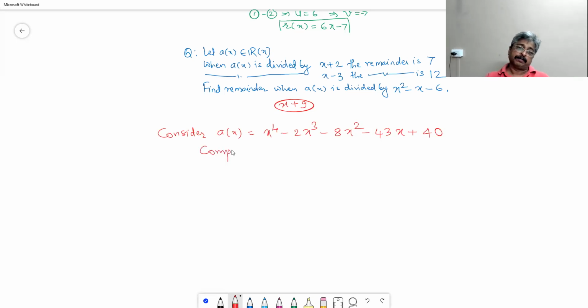Compute a of 5. The answer is 0, which implies x minus 5 is a factor of a of x.